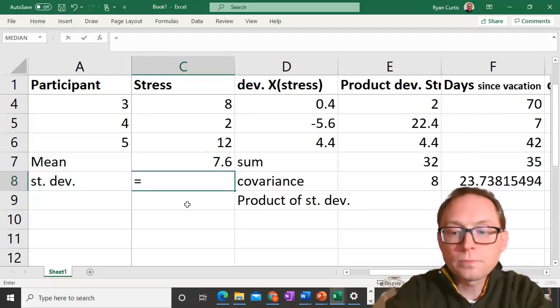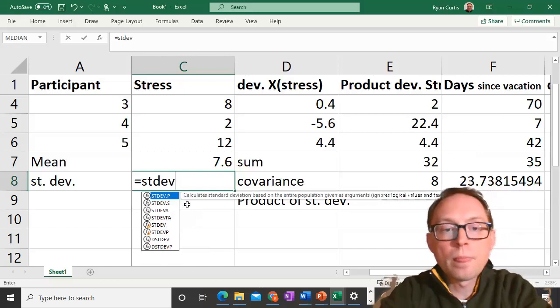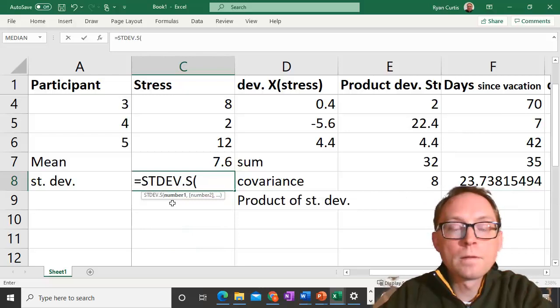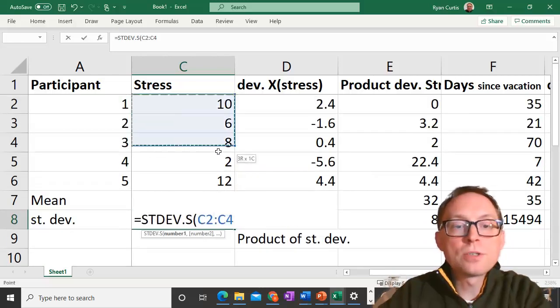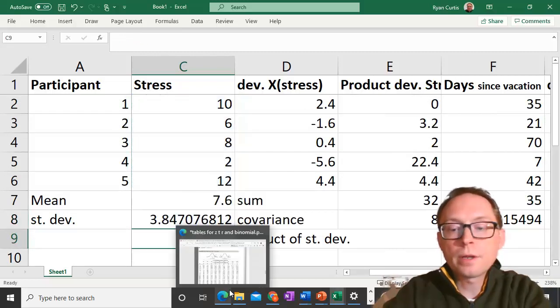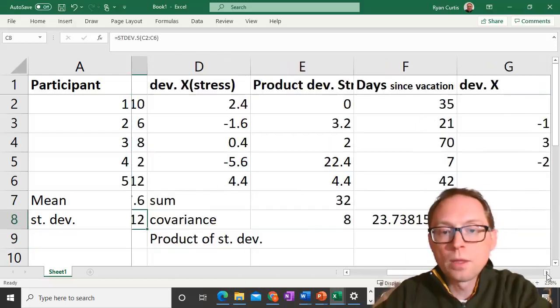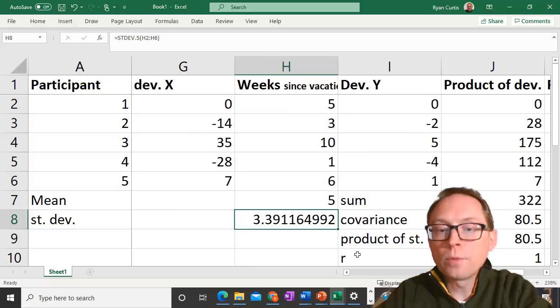Let's get the standard deviation for stress. The standard deviation of these numbers right here, 3.8470, is going to be the standard deviation for stress. We already have the standard deviation for weeks, it's over here, 3.391164, whatever it is.